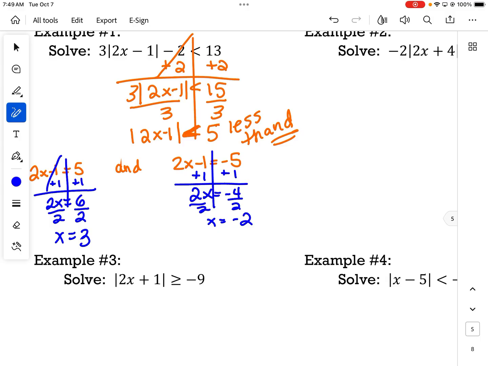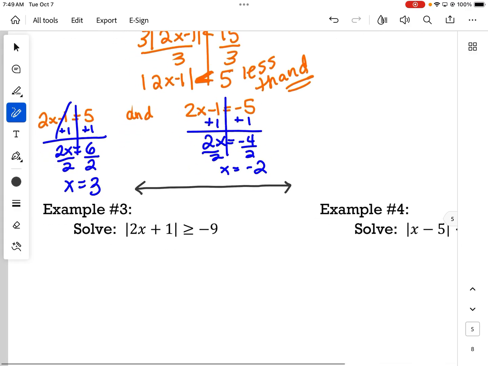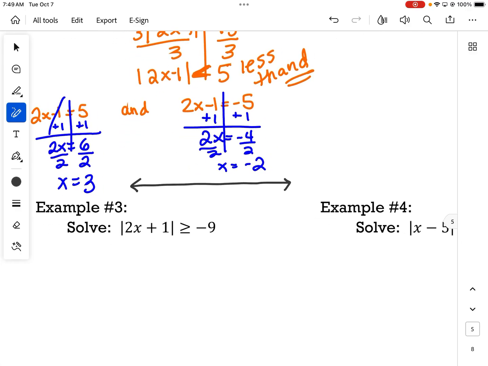Okay, so our number line is going to have the two numbers, -2 and 3. Which one's smaller? -2. So that's the one that we'll put on the number line first. Then you have a bunch of numbers, and then you get to 3.